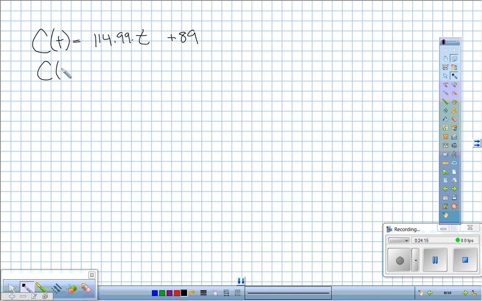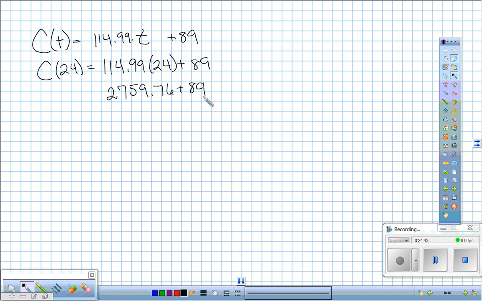Okay, and then it asks us to find the cost after 24 months. So we're going to write 114.99 times 24, and we're going to still add in the 89 that we have there. So 114.99 times 24 is $2,759.76.